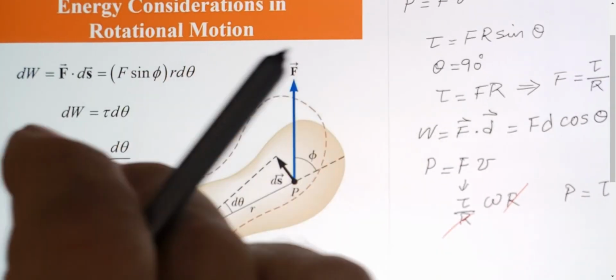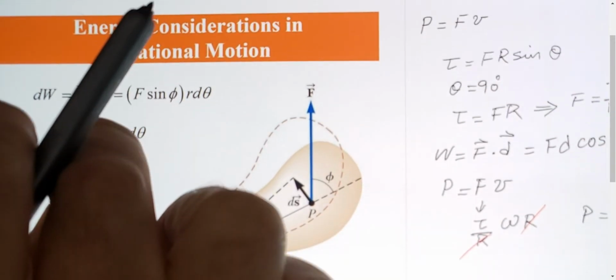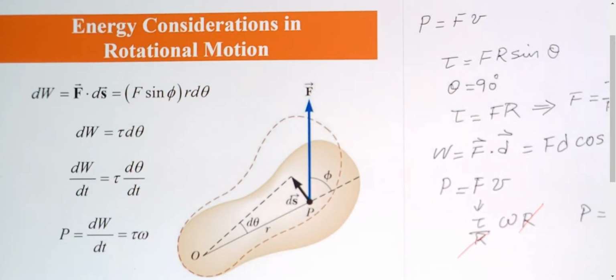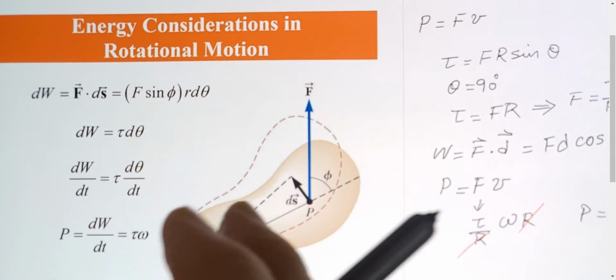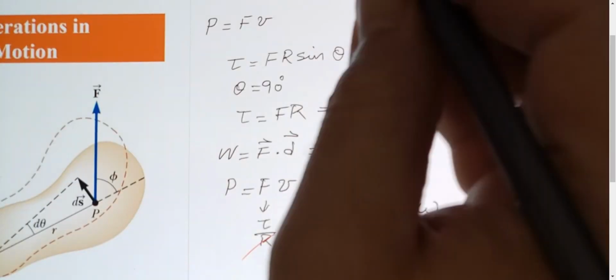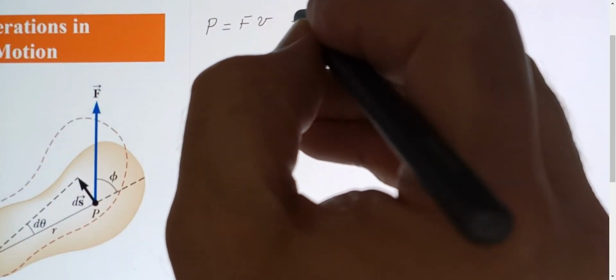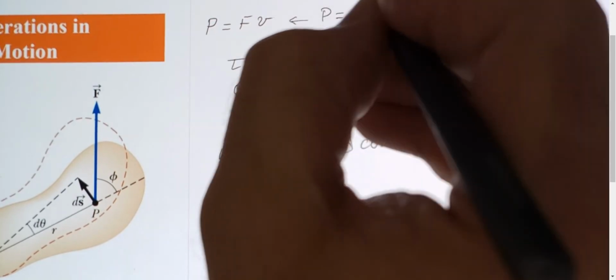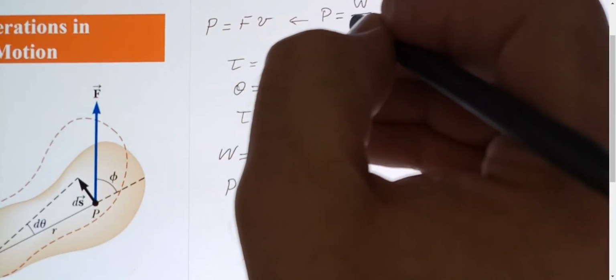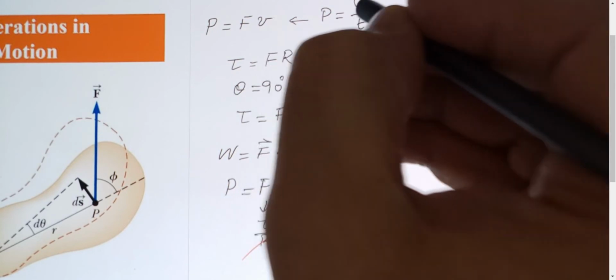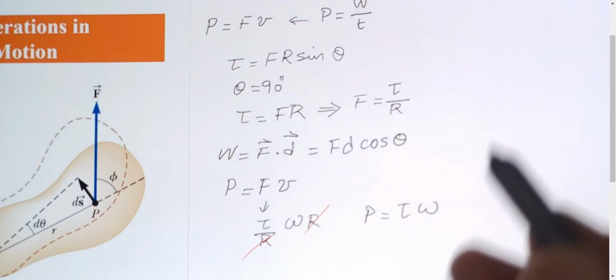So now we have the equivalent of linear power, which, if you remember from before, can also be defined as work divided by the time. That is when we have linear motion.